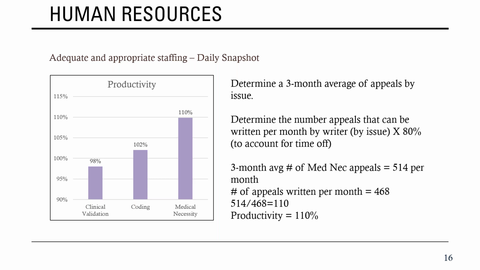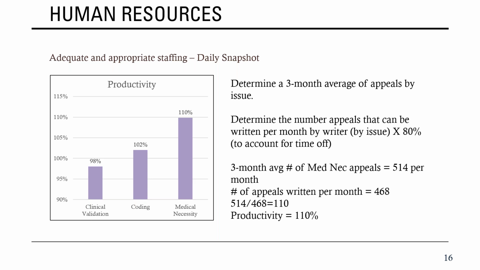When you're looking at your productivity numbers, look at a 3-month average, because as we saw in those trends, there was a 3-month spike in those clinical validation appeals a few slides ago.